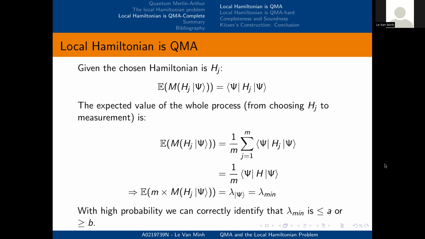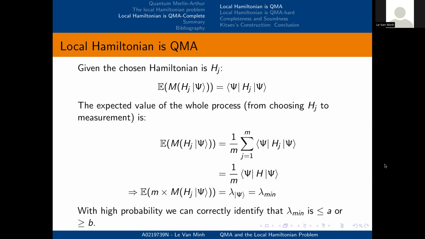And we can easily see that it is 1/m of the expected value of the ground state being measured with the observable H. And if we multiply this quantity by m, we are expected to get the lambda of the ground state, the eigenvalue of the ground state.